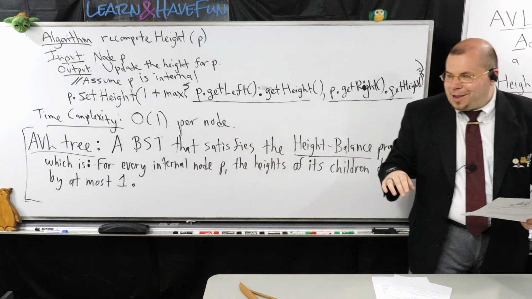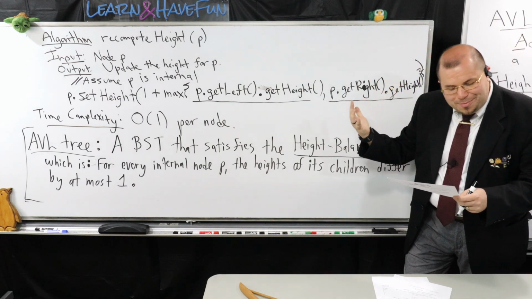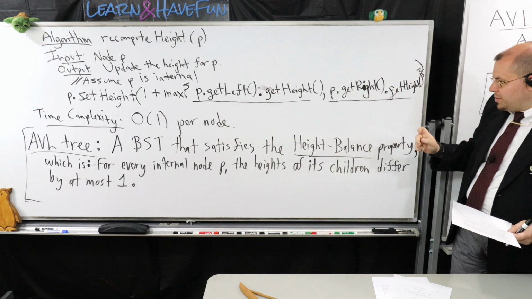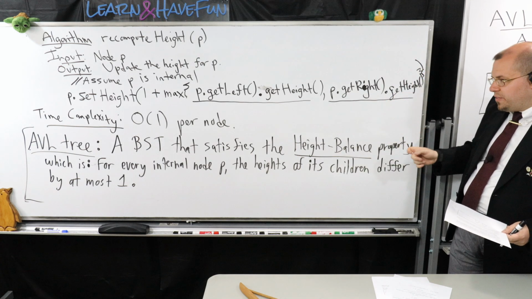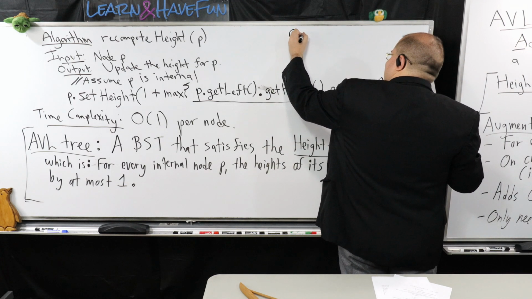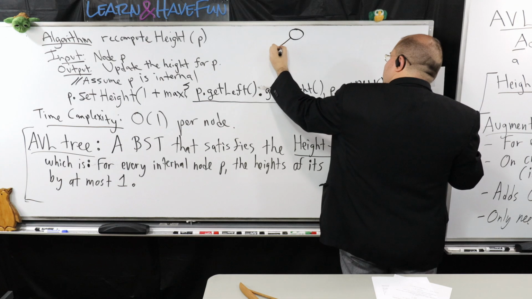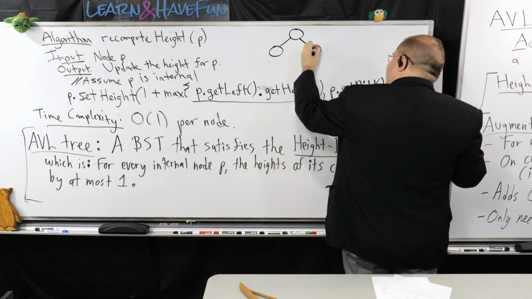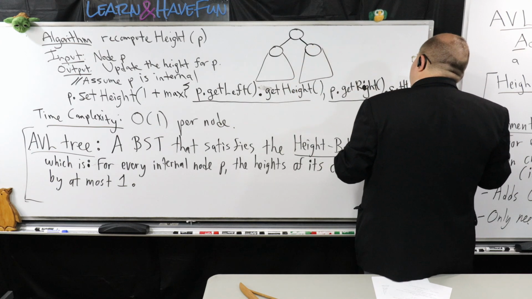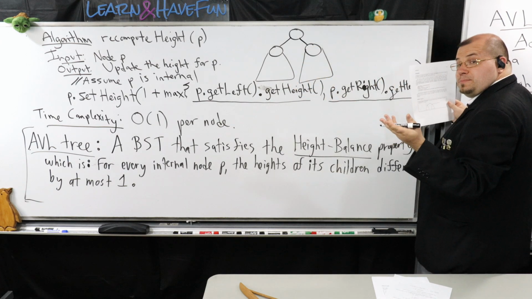I'm going to draw you a fun picture just to give you an idea what I mean by this. So just to reiterate, for every internal node P, the heights of its children differ by at most one. So here's a picture to give you an idea what this will look like. If I give you any one internal node, if I examine the heights of its children, we have a left one and a right one, which keep in mind could be leaf nodes, potentially.